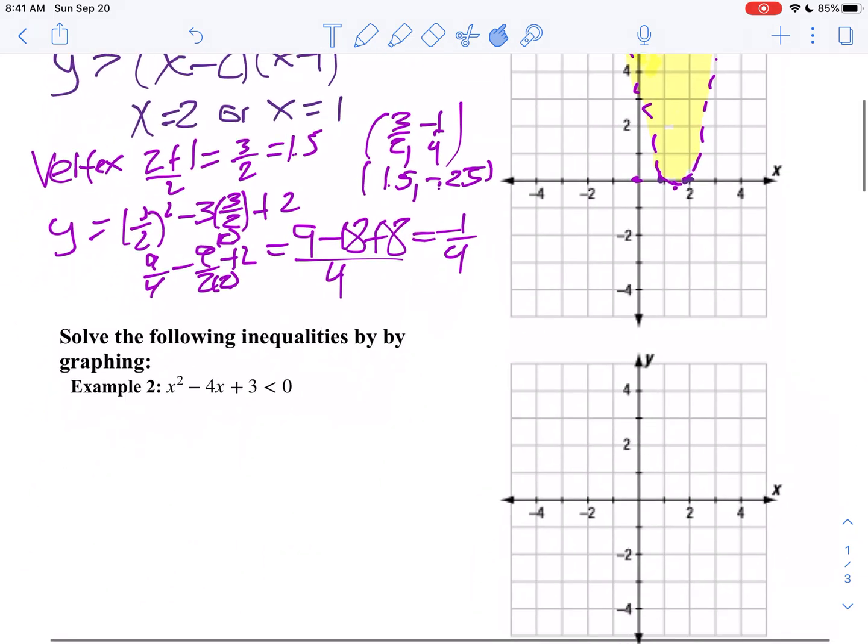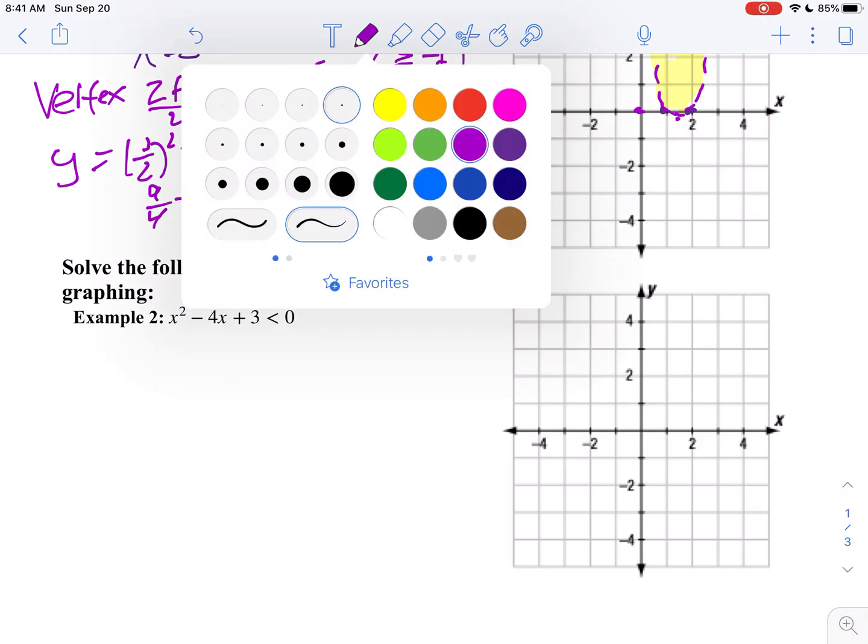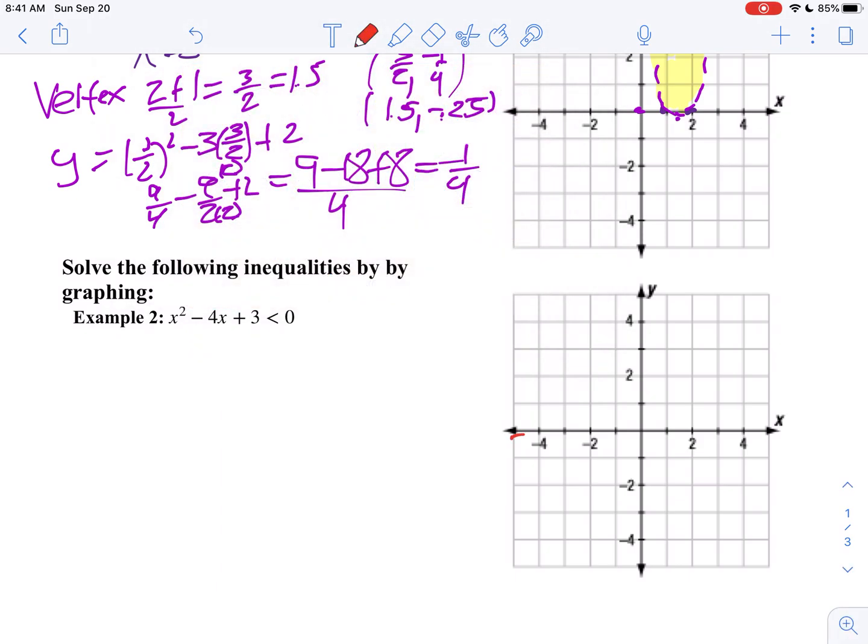When we solve an inequality by graphing, we kind of do the same thing. The only difference is now notice it's less than 0. I'm going to graph this line y equals 0 right here. So any part of my parabola that falls below that line is going to be a solution.